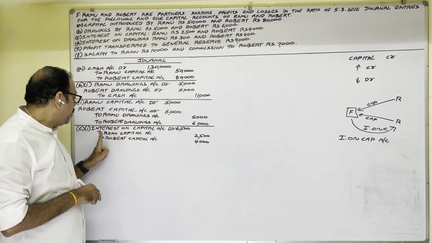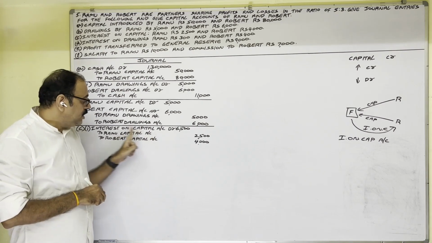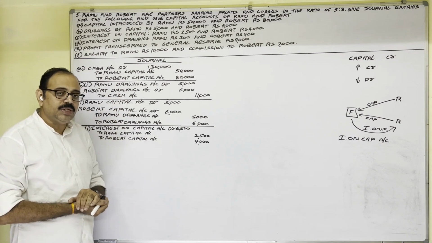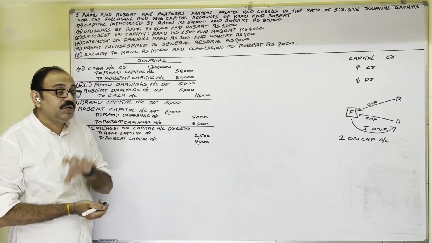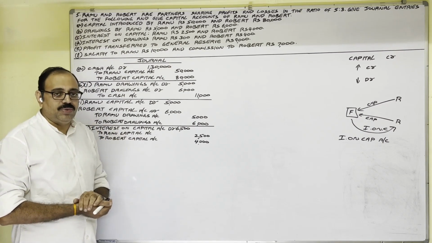Similarly, interest on capital is a nominal account, and this is a partner-related expenditure. Once you recollect previous problems, partners' related incomes and partners' related expenses, in which account should we show them? Profit and loss appropriation account.